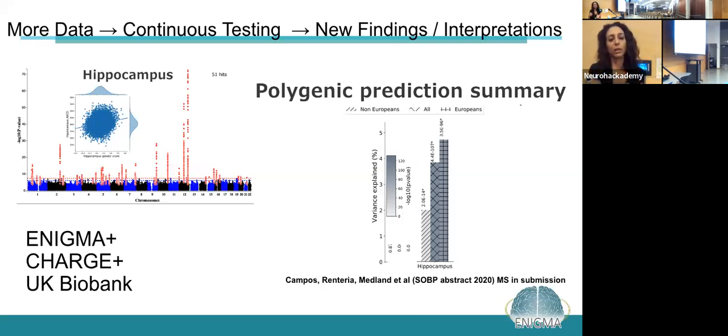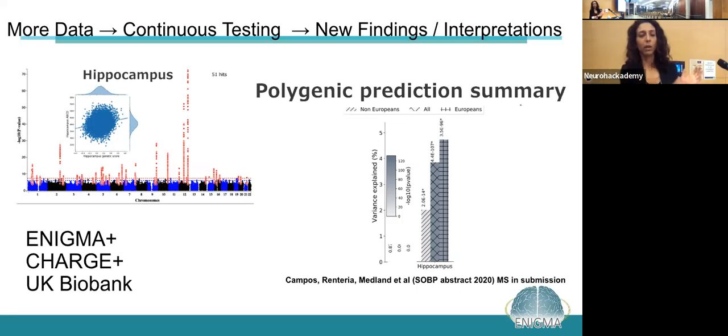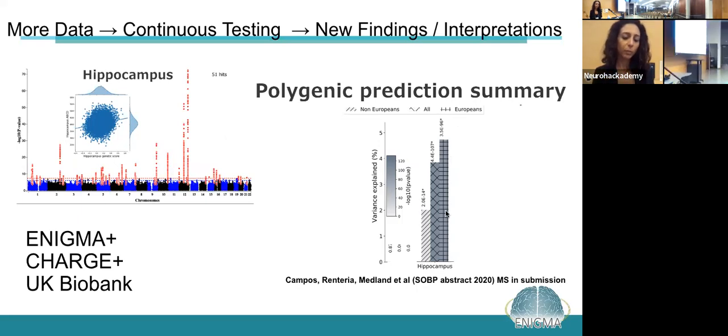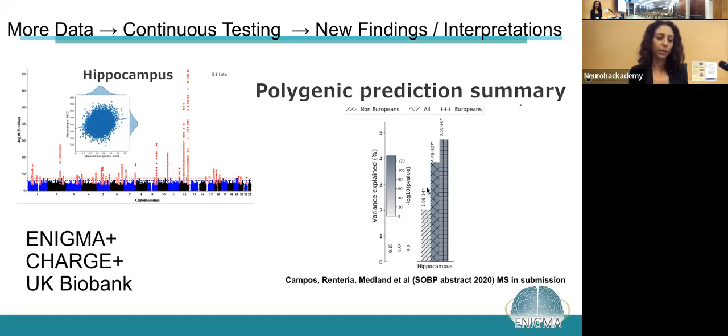But now that there are other data sets that have genetics and imaging in individuals of non-European ancestry, we're able to see if these genetic findings are predictive in those individuals as well. And we're seeing that not only are we able to make predictions on hippocampal volume in individuals of European ancestry, but also to a lesser degree in people of non-European ancestry.